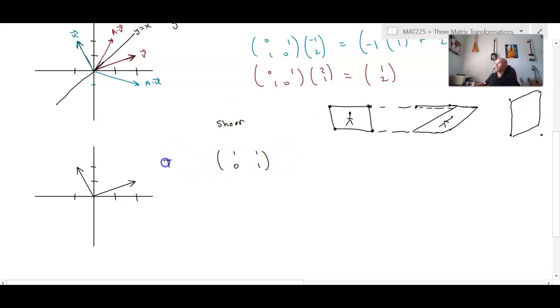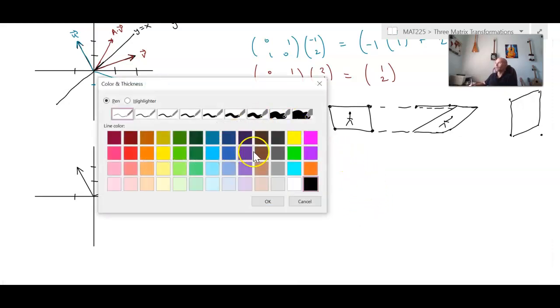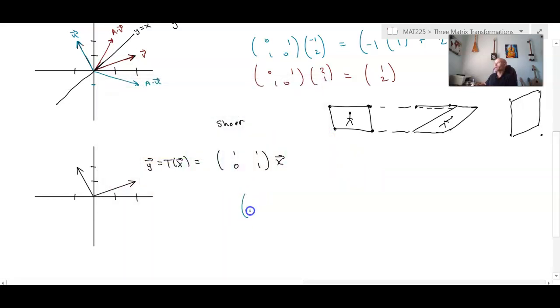Okay, so let's see what this does to our vector. So we'll say that T of x, the transformation, which generates the vector y, will take the vector x and multiply it by this matrix. So let's go with u. 1, 1, 0, 1 times the vector negative 1, 2. So this will be negative 1 times 1, 0 plus 2 times 1, 1. Now let's think about what's happening here.